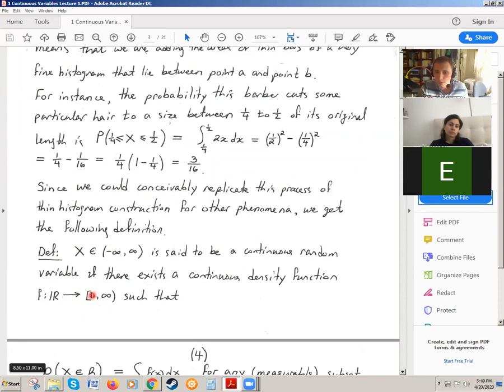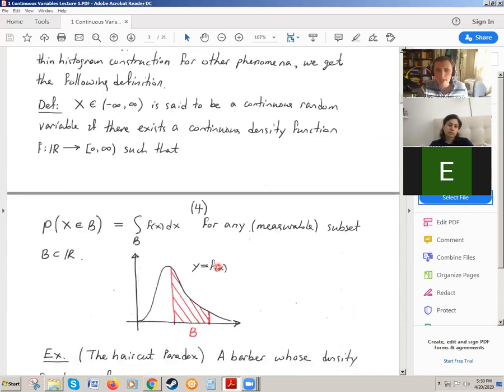It doesn't have to be that the elevation of this curve is less than 1. You just have this non-negative function, and all probability questions are settled in terms of it. For example, the probability that x is in the region B is just the integral over the region B of this function.